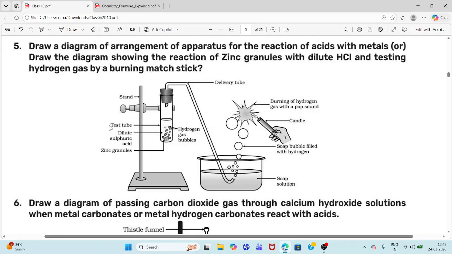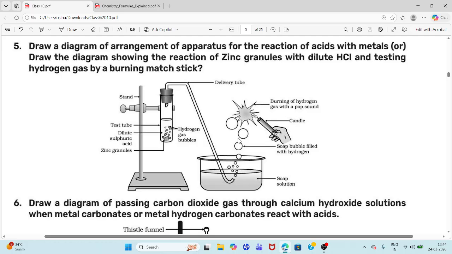So this is a standard test tube. In that test tube, you can see dilute sulfuric acid and zinc granules, and it releases hydrogen gas bubbles. Here a soap solution is there.